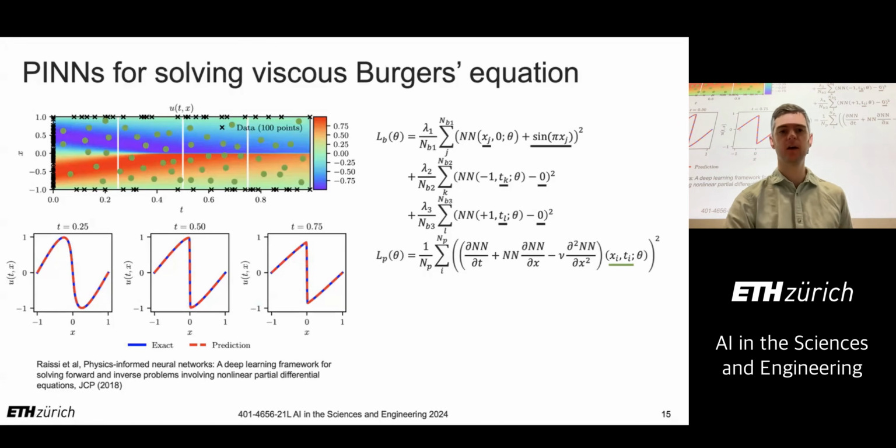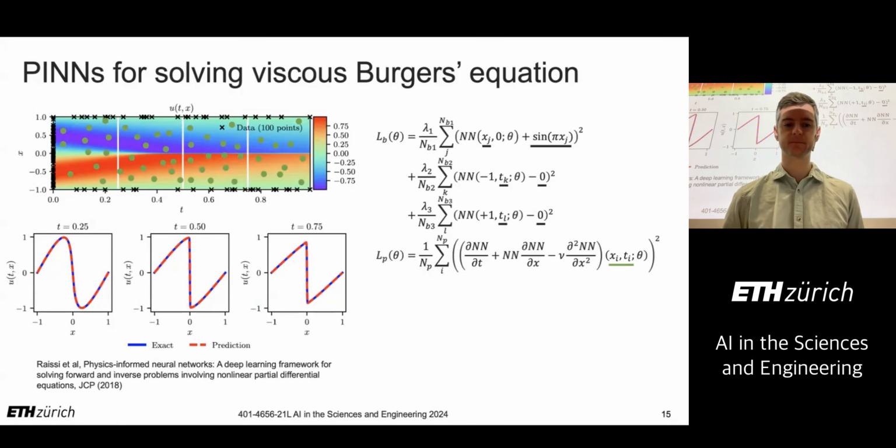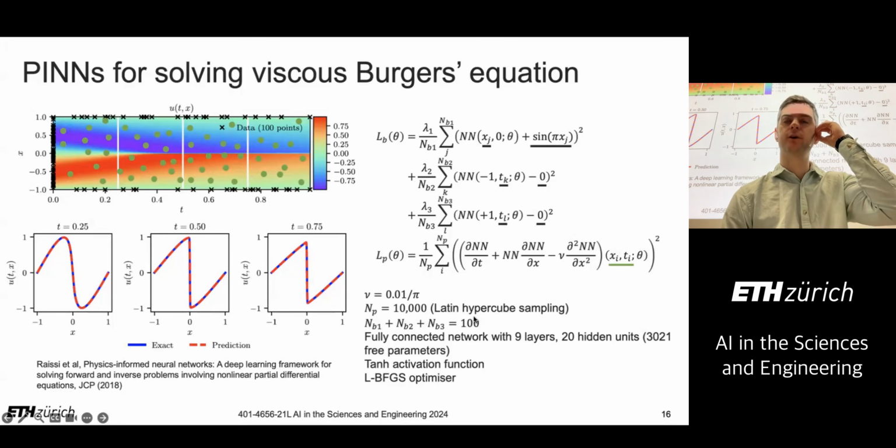So this is a plot that was taken directly from Raissi's physics-informed neural networks paper, which is kind of the seminal paper on physics-informed neural networks. To be more specific about the setup that they used, and it's important to understand these fine details, they used 10,000 collocation points in the physics loss here. And they used not uniform sampling, but this thing called Latin hypercube sampling, which is pseudo random sampling.